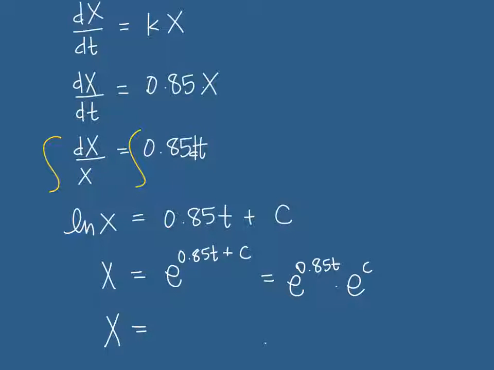So whatever letter you wanted to use to represent that constant, since you've already used c, e to the c would be another constant, or you can just leave it e to the c times e to the 0.85 t. And so there's the model for the number of disease cases decreasing at a rate of 15%.